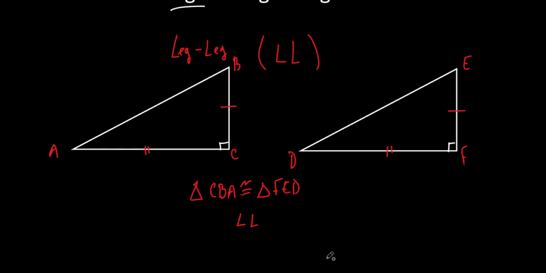So we're going to do 3 more of these, and they're all pretty much the same kind of thing. All right? So this one, what did I show you? I showed you the 2 sets of legs, right? There's one set of legs. There's the other set of legs. It's leg. These triangles are congruent because of leg. I'm going to give this to you on a quiz or a test, and I'm going to say something about use the right triangle congruence theorems.